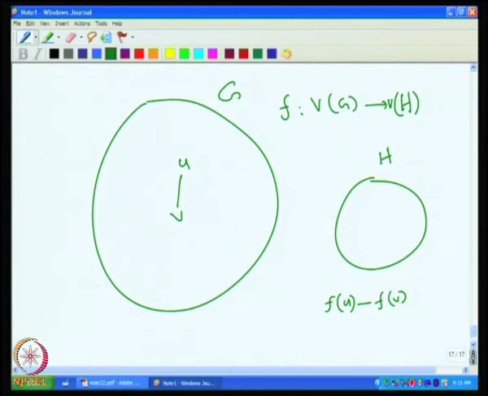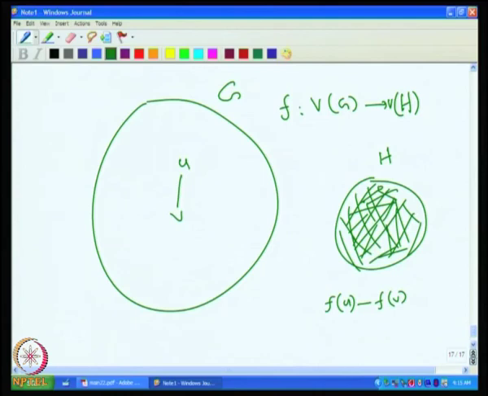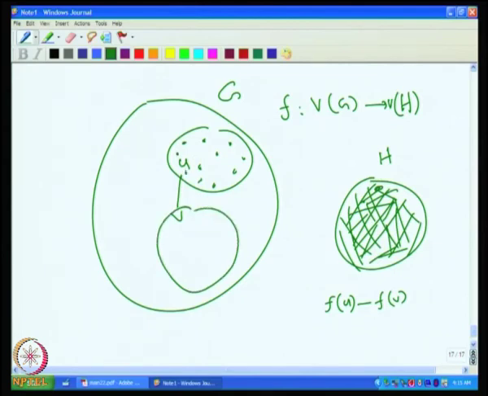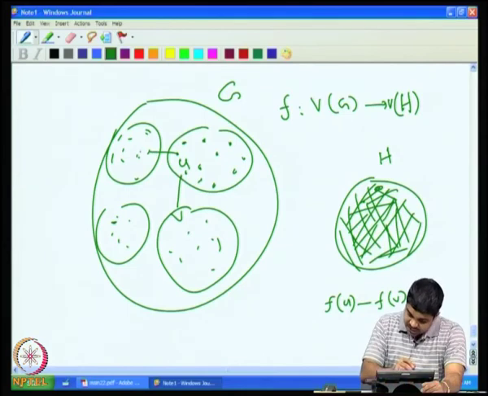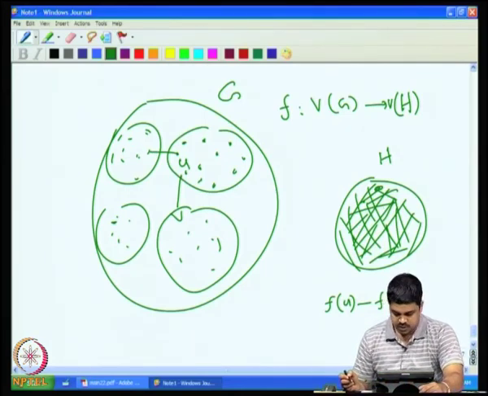Suppose H is a complete graph. Then the pre-images of each vertex will form a color class, because whenever there is an edge here, there should be a corresponding edge there also.